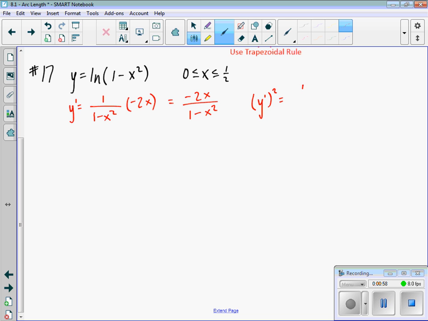Positive though, right? And the denominator, I'm just going to put parentheses around it and square it for now. Okay, so throwing that into my integral is going from 0 to a half, because it gives me that. And then I need a square root, right?